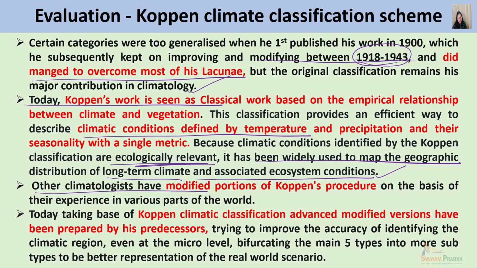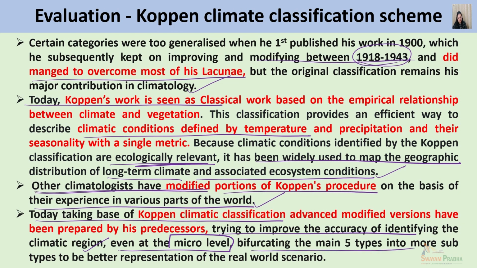Over the time period, other climatologists have modified portions of Koppen's procedure on the basis of their experience in the various parts of the world and have reclassified and remodified Koppen's scheme. Today, taking the base of Koppen climatic classification, advanced modifications have been prepared by his successors, trying to improve the accuracy of the model to represent the actual climatic regions even at the micro level and at the regional level, bifurcating the 5 main types of climatic region into various subcategories to better represent the real world scenario.